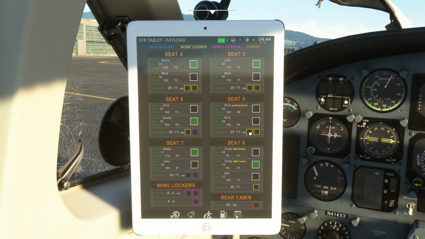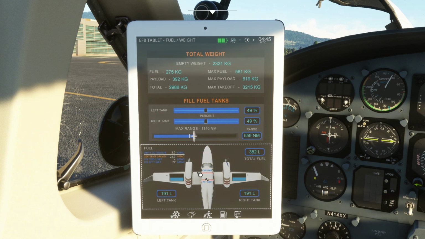As luggage, we'll put, so everything that's surrounded by this yellow line is the nose locker. I'm putting everything, or at least a lot of it, in the nose locker. If you go here, you can actually check your center of gravity, which is quite dangerously on the aft limit.